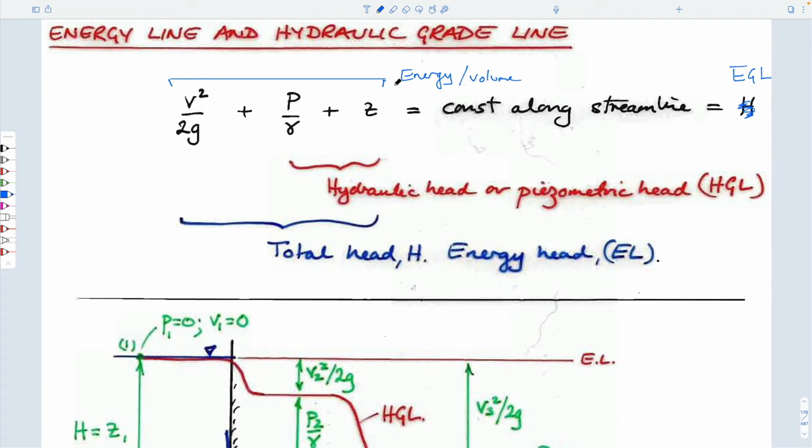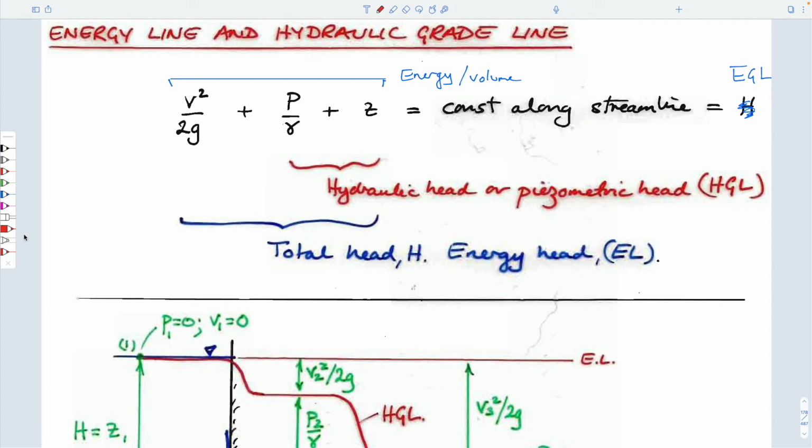Obviously it's units of length, but it's a proxy for energy. It scales with energy. Potential energy, pressure energy, kinetic energy. So this half V squared is kinetic energy, right? That's exactly what this is. So there's no accident that it looks the same as kinetic energy.